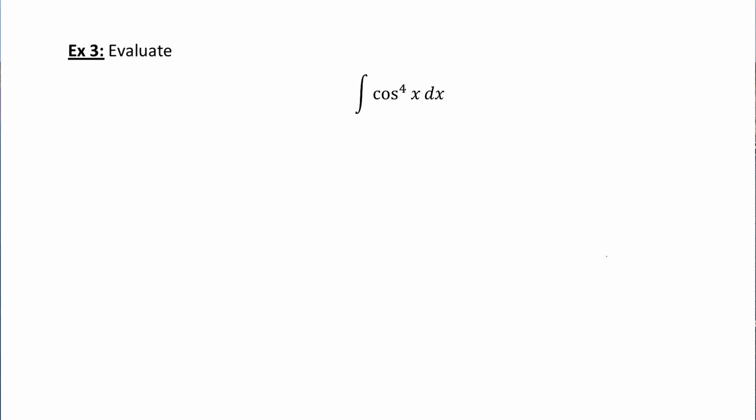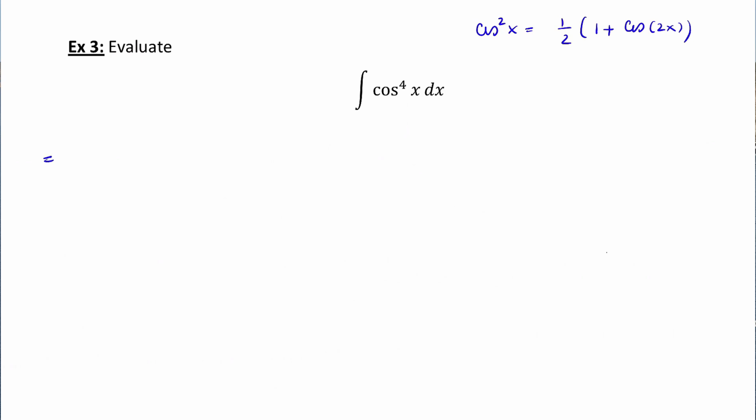All right, I'm going to use the half angle formula. One more time, we know that cosine squared of x is equal to 1/2 times 1 plus cosine of 2x. So I write my integral as cosine squared of x times cosine squared of x dx.